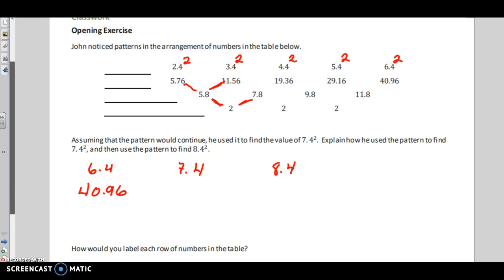So 7.4 squared is 54.76. And 8.4 squared is 70.56.